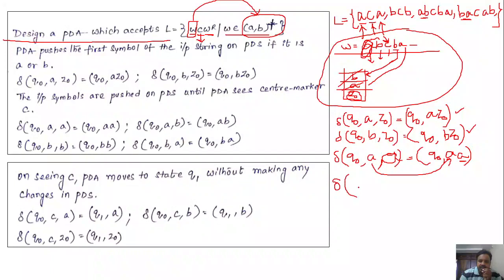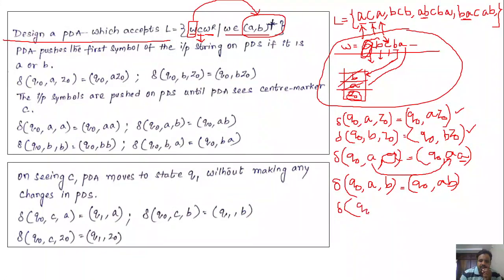If we are in state q naught, if the input is A and the top of the stack is B, again you will be in the same state q naught and push A B onto the stack, so B followed by A. That is another possibility.